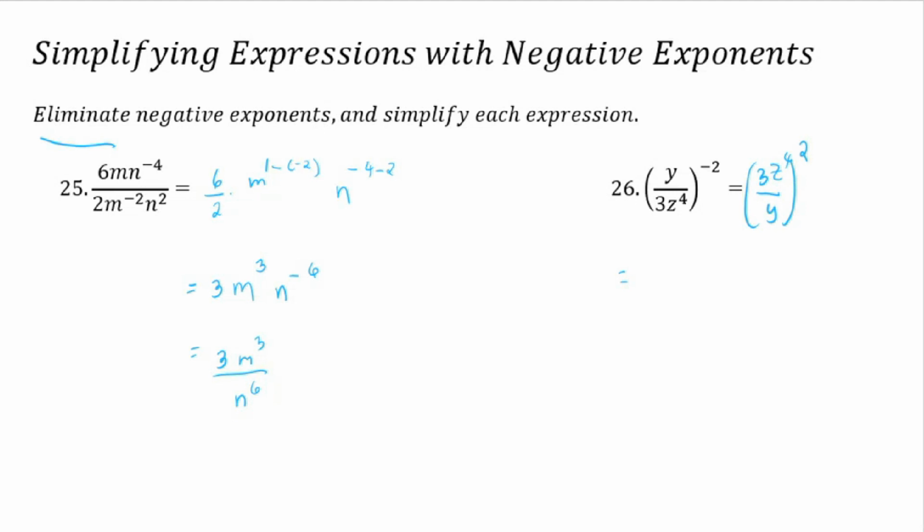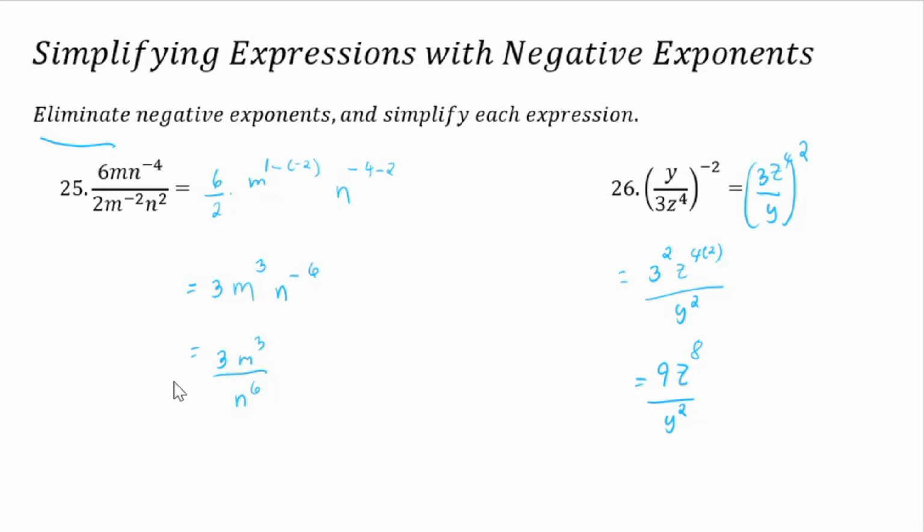And then you simplify further by using power rule. We have 3 squared z raised to 4 times 2, and then we have y squared. Or we have now 3 squared is 9, z of 4 times 2 is 8, so z to the power of 8 over y to the power of 2.